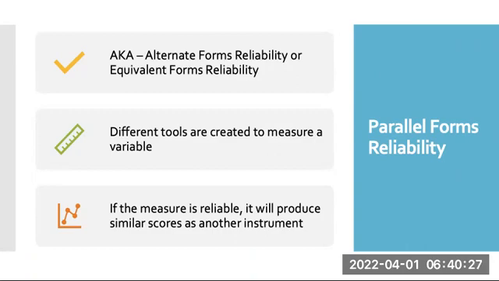That is, there should be a high degree of parallel forms reliability. Parallel forms of tests have been developed for many standardized achievement and knowledge measures, for example, the SAT or GRE, as well as other tests designed to measure many attitudes or perceptions.